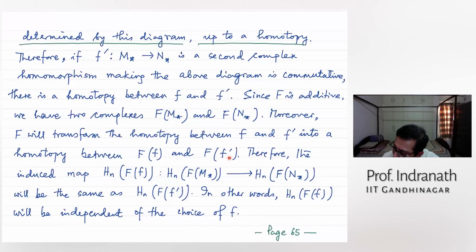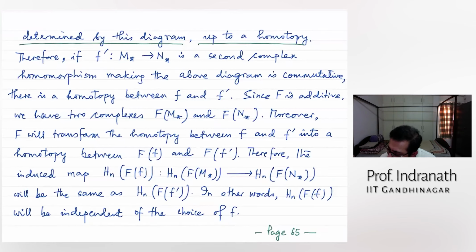You know what this means, okay? If you are struggling, just think of F as tensor by a fixed module E, let us say, but it shouldn't be a difficult thing to understand. So this induced map at the level of homology is how we defined it. FM star and FN star are the new complexes after you apply F to them. Then you take the nth homologies, and this is the nth level homology map.